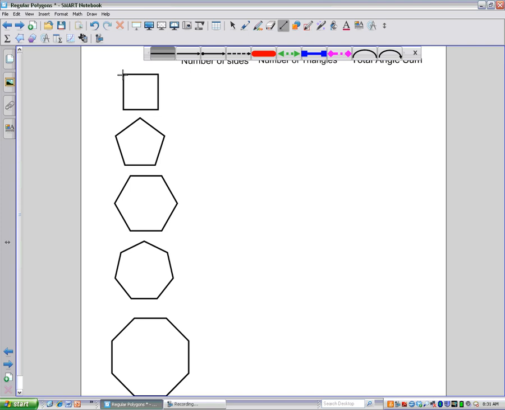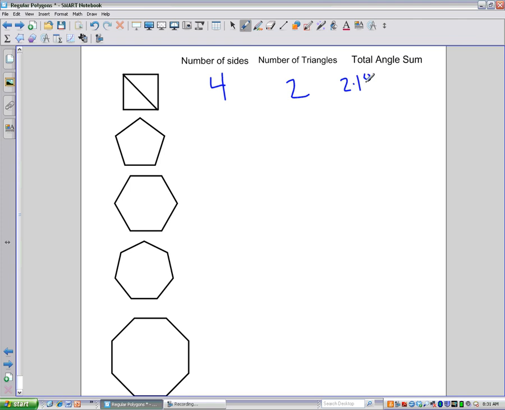A rectangle I can make into triangles pretty easily. A rectangle or a square, a 4-sided figure, I can get 2 triangles out of it. If there are 2 triangles, and a triangle has 180 degrees, I get 2 times 180, which is 360 degrees.